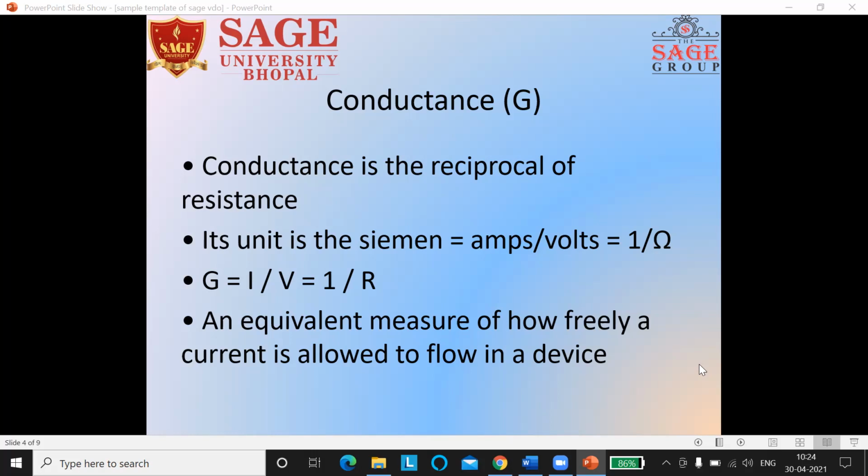In terms of values, G equals I upon V, or we can express it as 1 upon R. It is an equivalent measure of how freely current is allowed to flow in a device, and that is called conductance.